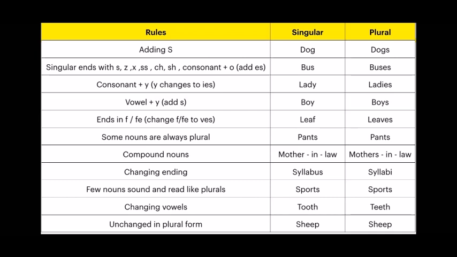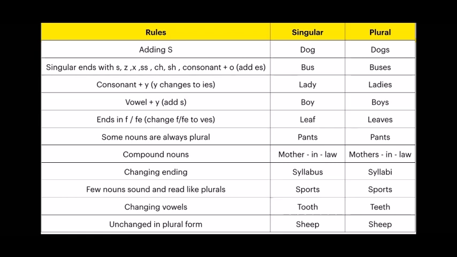We remove Y and we add IES. So lady becomes ladies. If you see in this example, Y is the last letter and before Y we have D. So in this case we have removed Y and we have added IES.